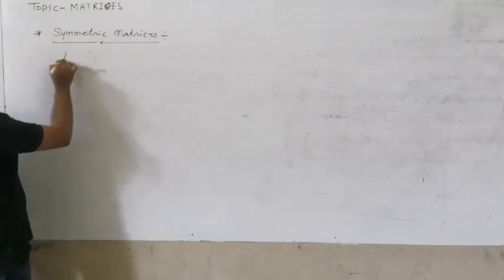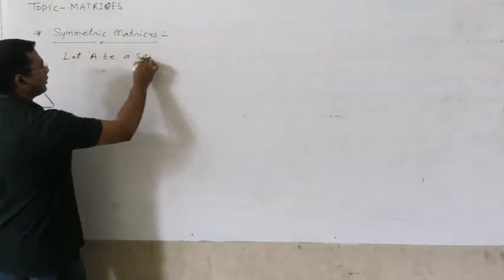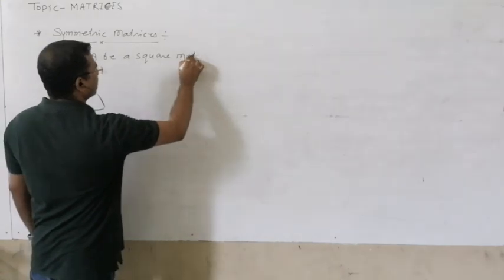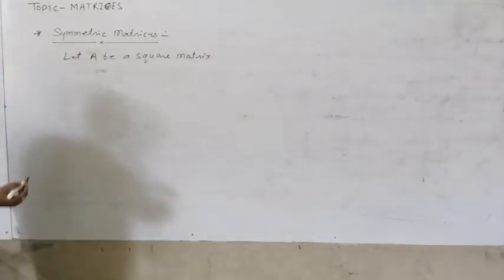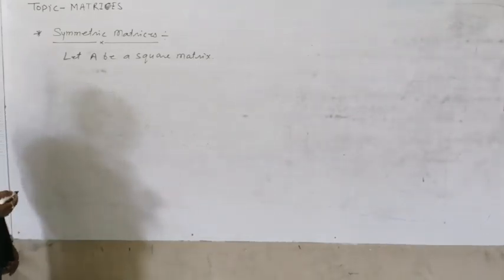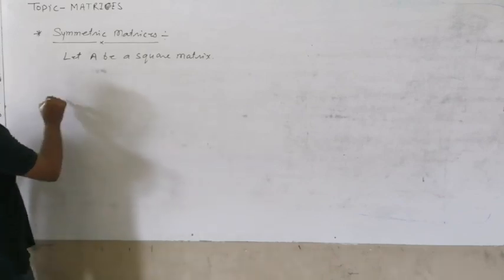Let A be a square matrix of any order. It may be of order 2 by 2, it may be of order 3 by 3. And if you want to check whether it is symmetric, so what happens?